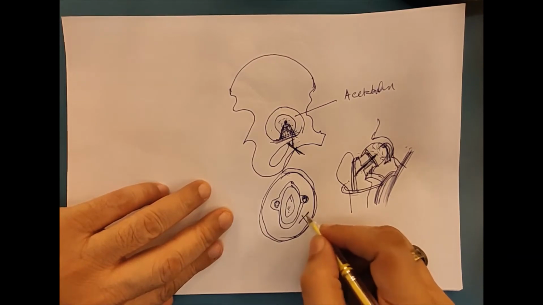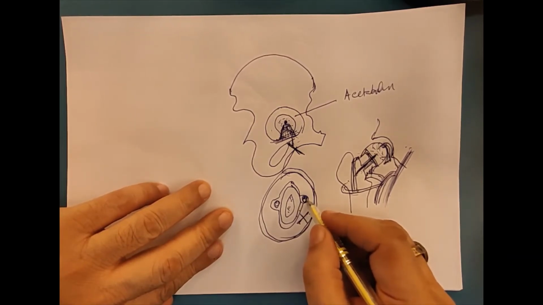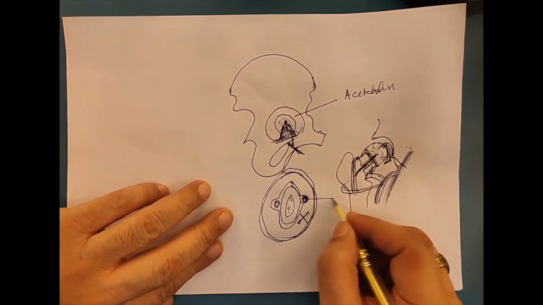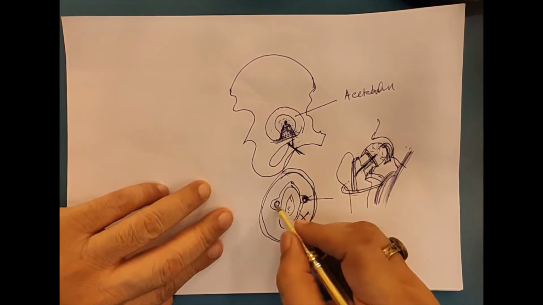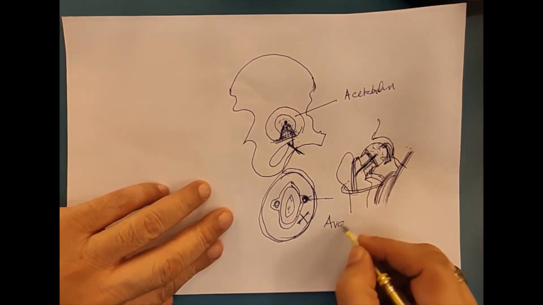So if supposing the pressure increases in the synovium here, it is going to press on the retinacular vessels and the blood flow will stop in the retinacular vessels and the head will become avascular.